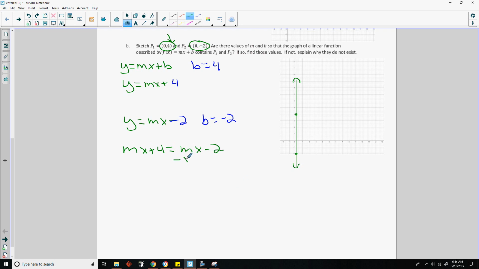If I subtract mx from both sides, then those go away, and I get 4 equals mx minus mx is 0, minus 2. Well, obviously, 4 does not equal negative 2, so m does not exist.